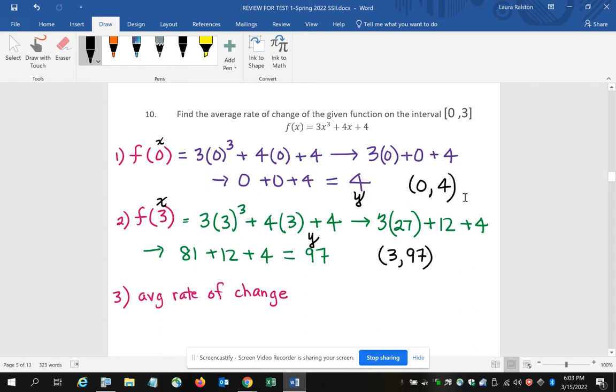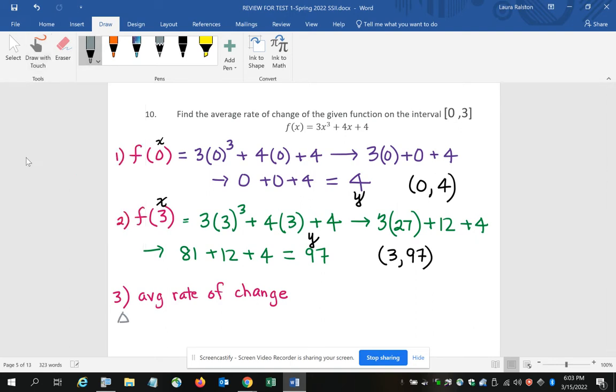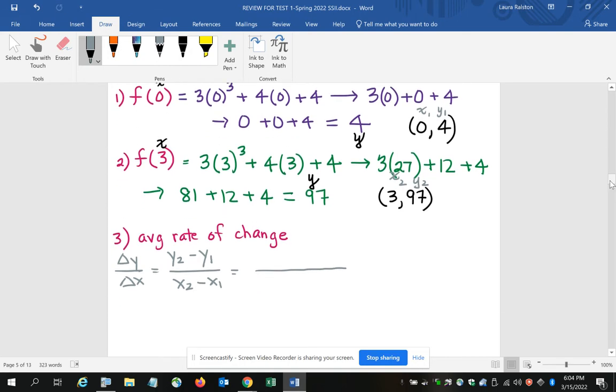So now I have my two ordered pairs, and I'm going to use the average rate of change formula, which again is delta y over delta x. So we have y2 minus y1 over x2 minus x1. It doesn't matter which one you make the first point and which one you make the second point, but then I'm going to plug and chug.